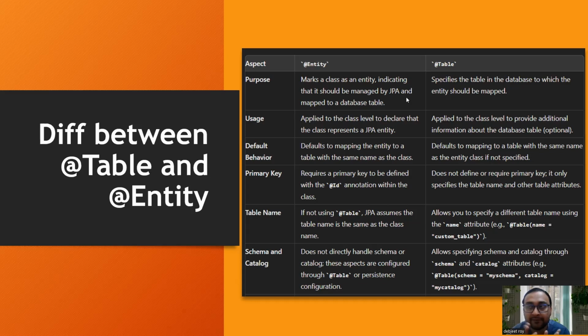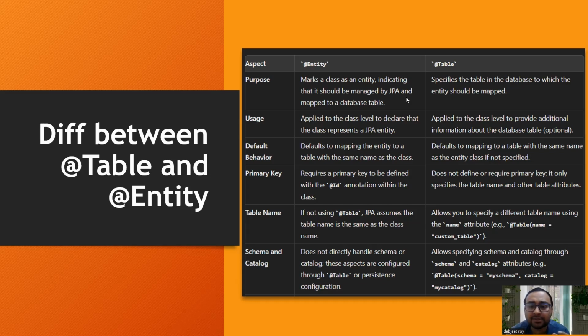Whenever you append new words, you provide an underscore. That is the convention for naming in a database. But Java classes follow camel casing convention. So it's generally not the case that the same names are used in the database and in the Java class. So we should make use of @Table, but we should know that it's not mandatory. You can remove @Table as well.